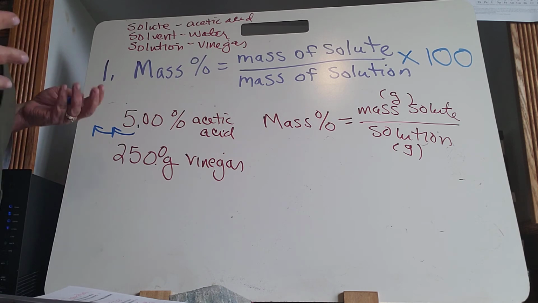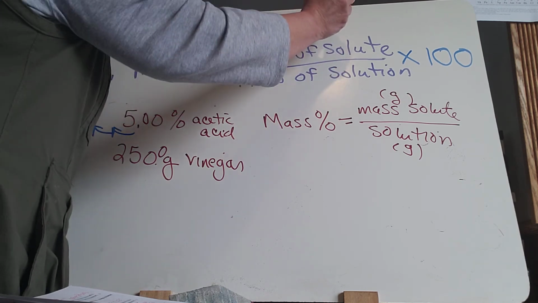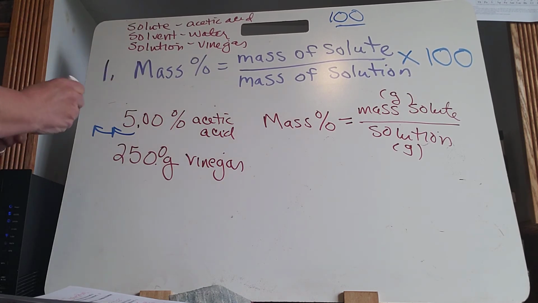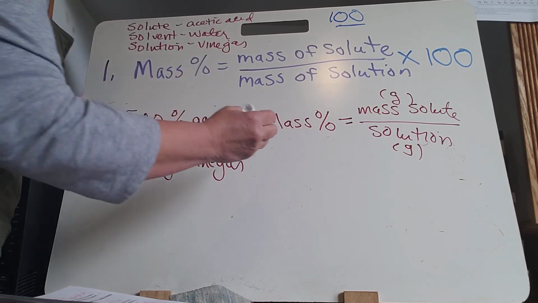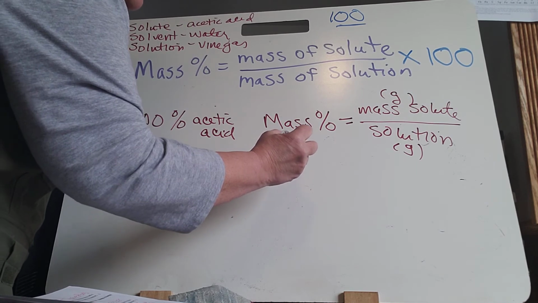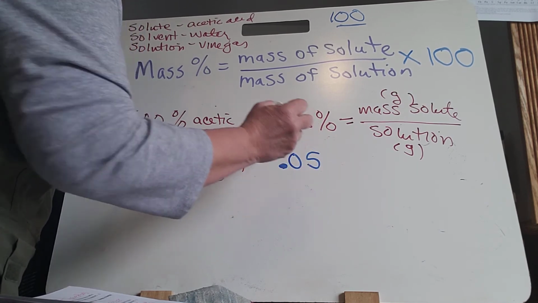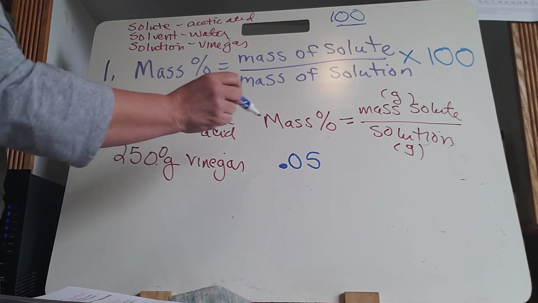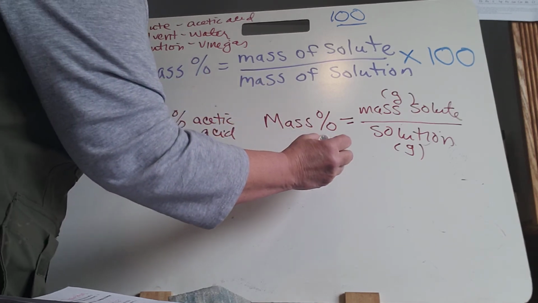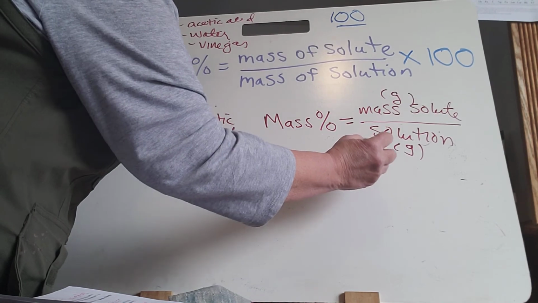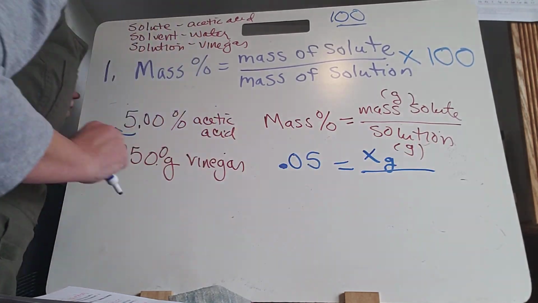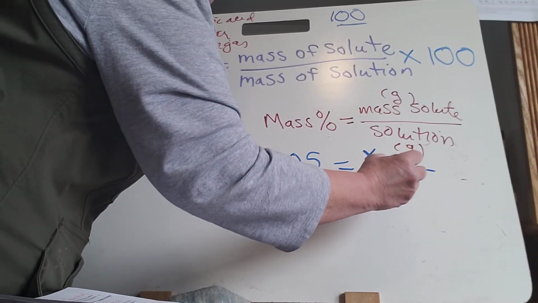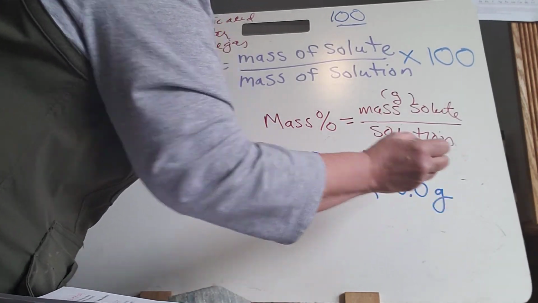Percentage is based on 100, so that has 2 zeros. I move my decimal to the left 2 places, making this 0.05. Okay, changing my percentage. And then I don't know X grams, but I do know my solution is 250.0 grams.